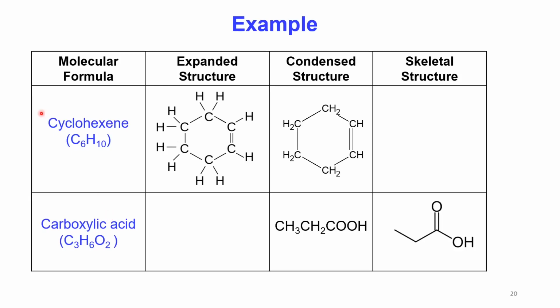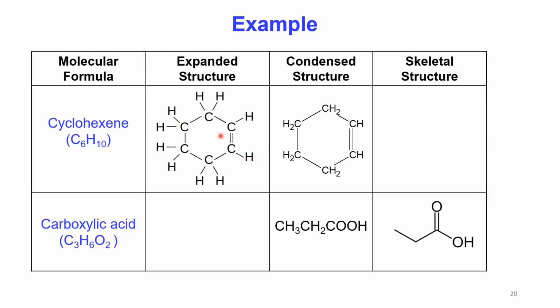The next example is cyclohexene, with formula C6H10. This is a cyclic compound with 6 carbon atoms, where these 2 carbons form a double bond, and each carbon atom is attached to 2 hydrogen atoms, except for these carbons, which are each attached to 1 hydrogen atom.